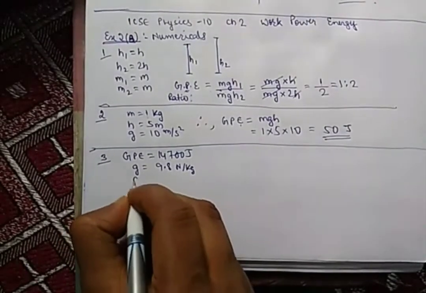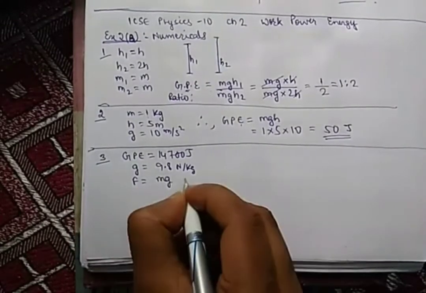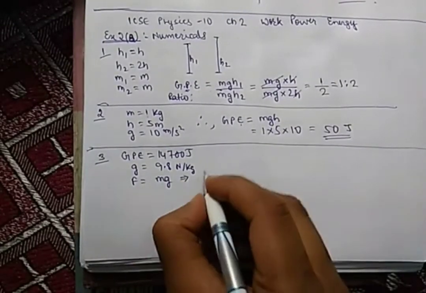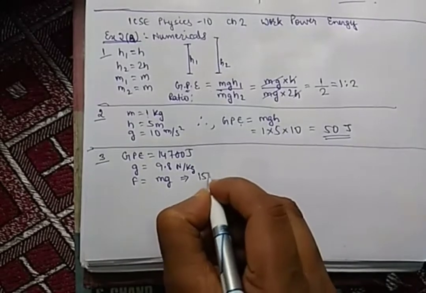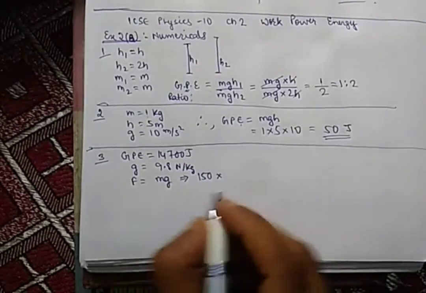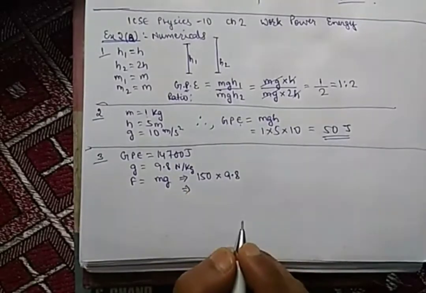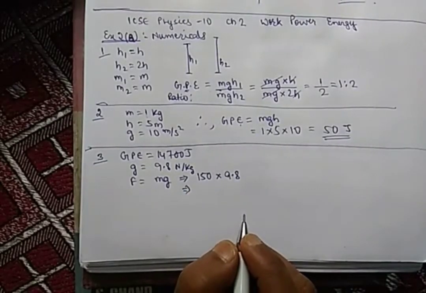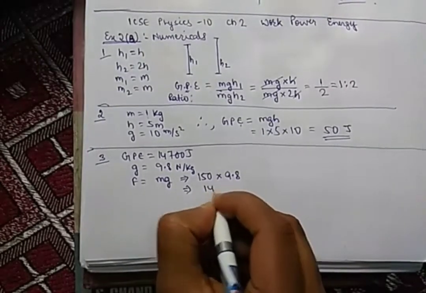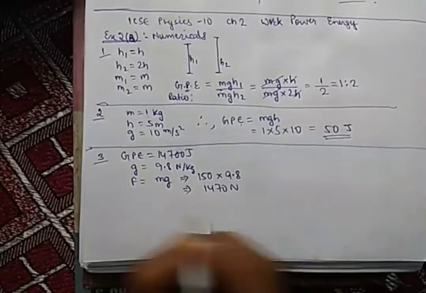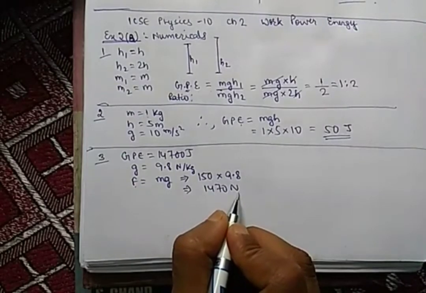So force will be mg. So m is equal to 150, g is 9.8, so it will give 150 into 9.8. It will come 1470 Newton force, so the unit is Newton.